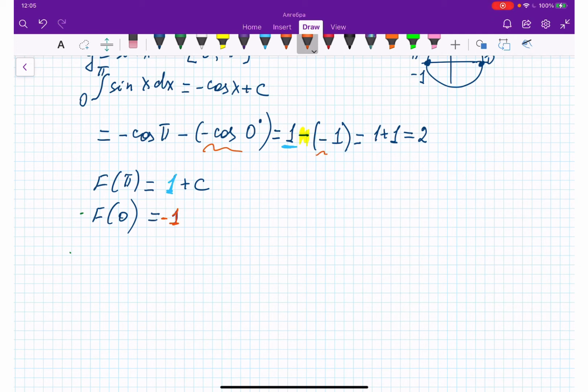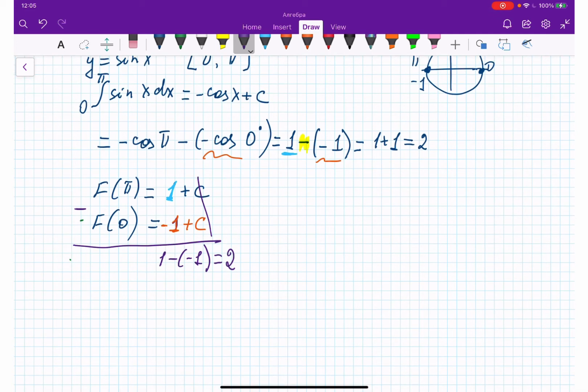And plus c, okay? So now we need to subtract, right? From 0 to pi, so f of pi minus f of 0. The constant is gone. And we are getting 1 minus negative 1, which is equal 2. So when we calculate the average, we are not going to use constant because constant is going to be gone, just like here.